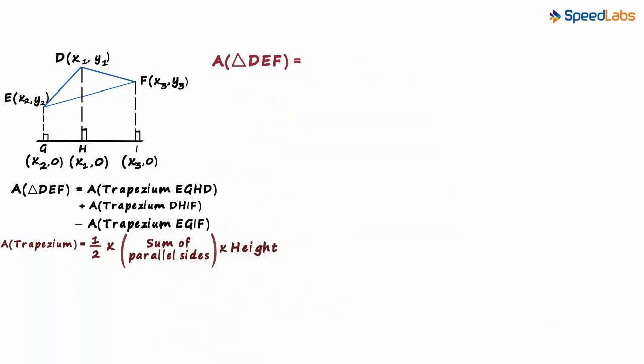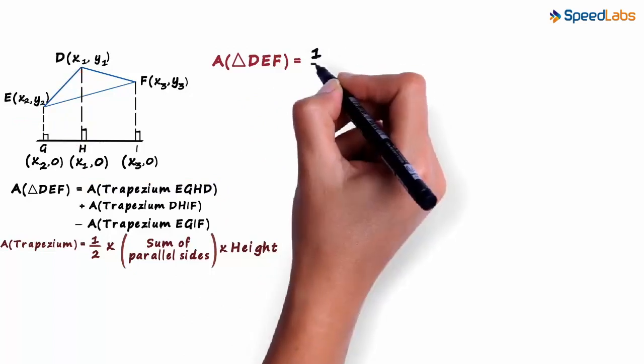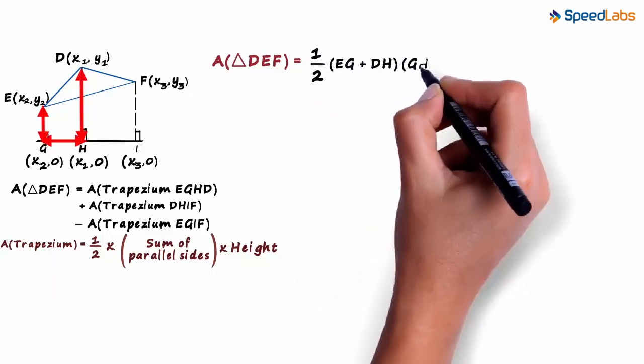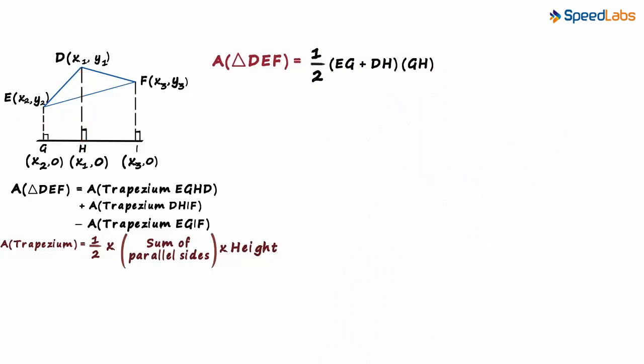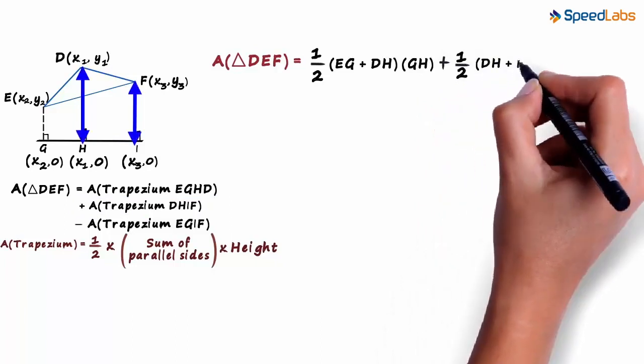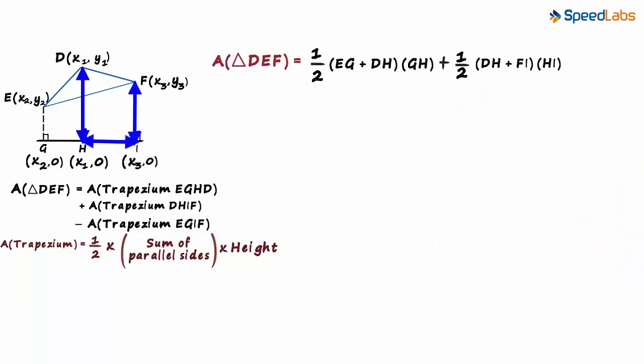First, we look at trapezium EGHD. The parallel sides of this trapezium are EG and DH and the height is GH. Its area will be half multiplied by EG plus DH multiplied by GH. Similarly, the area of trapezium DHIF will be half multiplied by DH plus FI multiplied by HI.